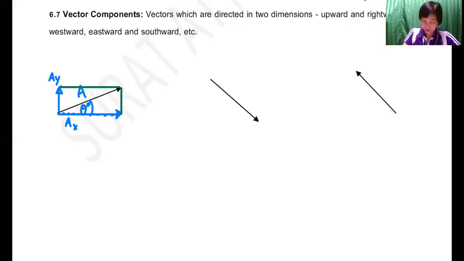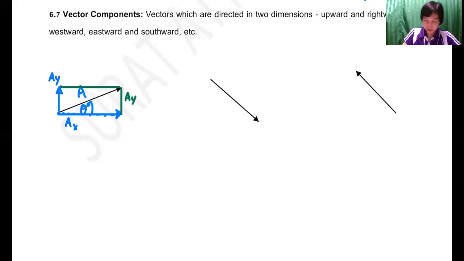Let's consider this one. How much is its magnitude? Because this line is parallel to vector Ay, this length must be equal to Ay as well.